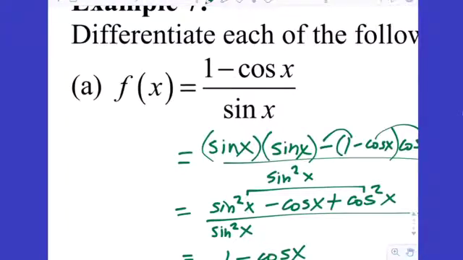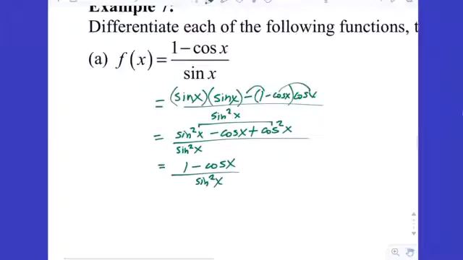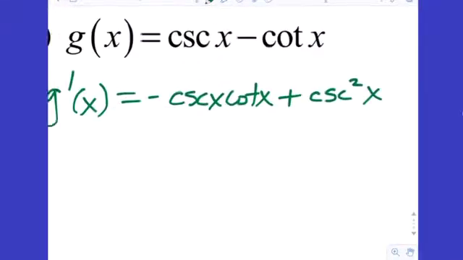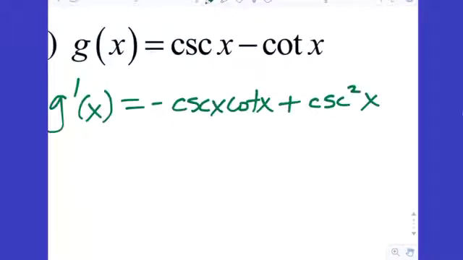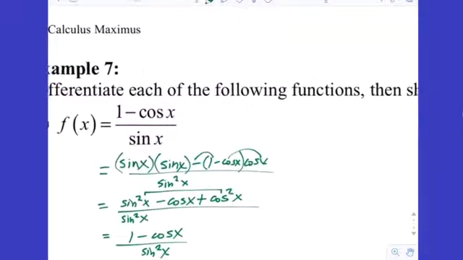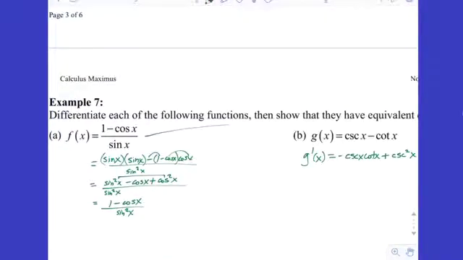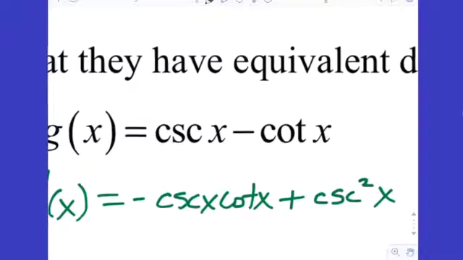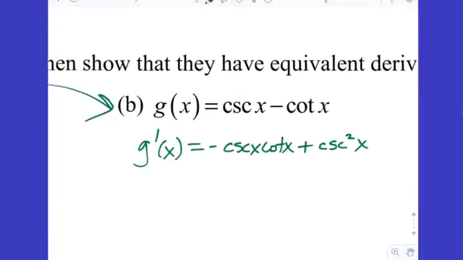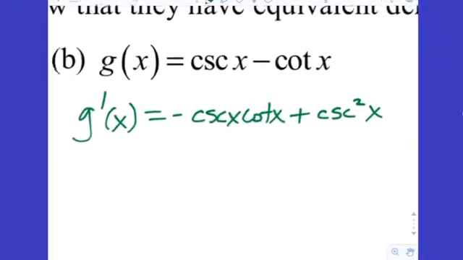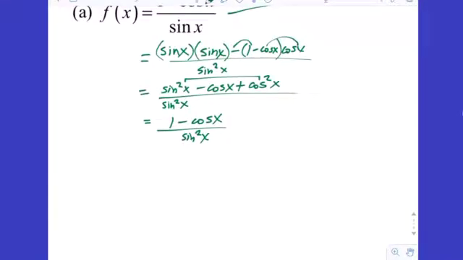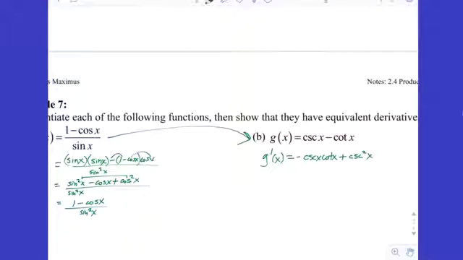What if you were asked to find the derivative of this, and none of your answer choices were in terms of cosine and sine, but all of your answer choices were in terms of secant and cosecant, or cotangent and cosecant? Then you might want to simplify first, write it like that, and then take the derivative. Whereas if you were given cosecant minus cotangent, and all of your answers were in terms of sine and cosine, you might want to rewrite it first in terms of sine and cosine, and then take the derivative. It's entirely up to you.